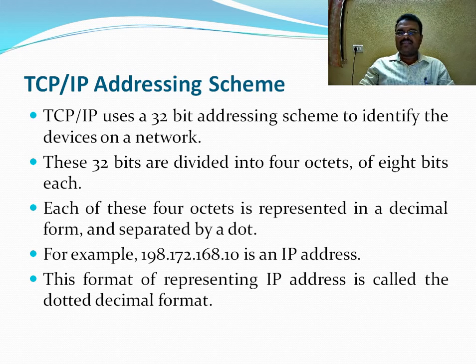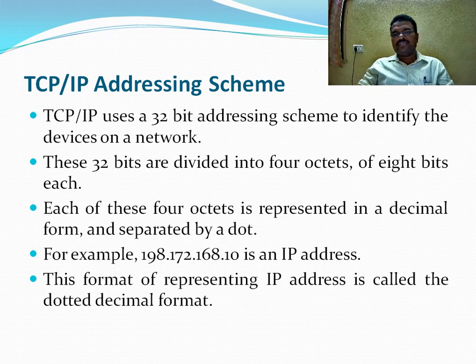So as we said, every device which is connected in the internet or network must be given some identification to identify the system, to send information to the system, or to communicate with the devices in the network. We must require an identity. That identity is the IP address. So this IP address scheme uses a 32-bit addressing scheme to identify the device.